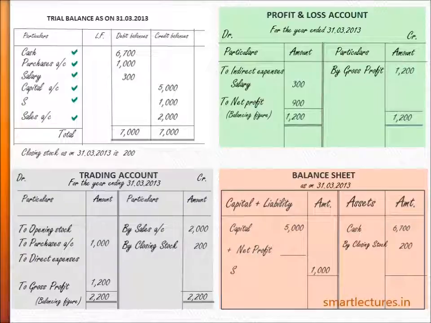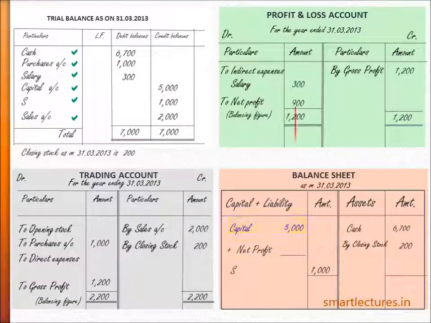Now prepare the balance sheet. Balance sheet as on 31st March 2013. Cash 6700, closing stock 200. So total 6900. Okay, on liability side, it's already 5000 capital in the inner column.